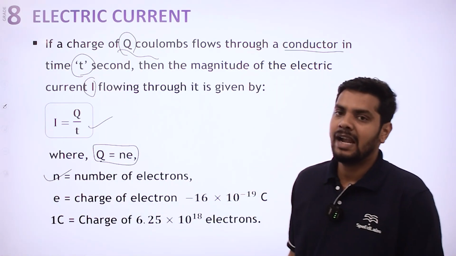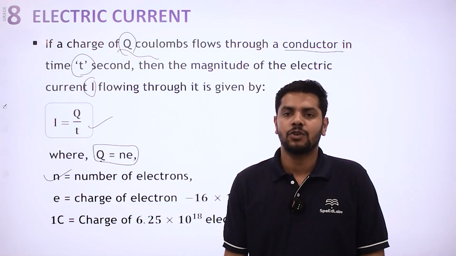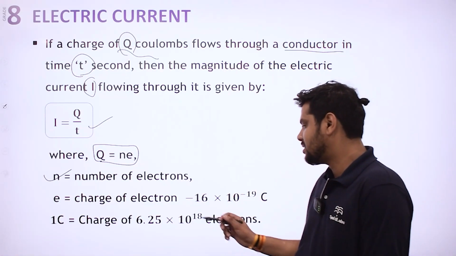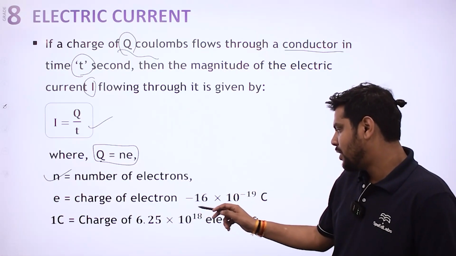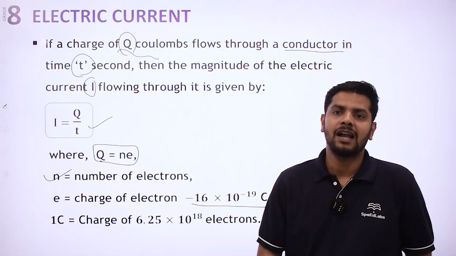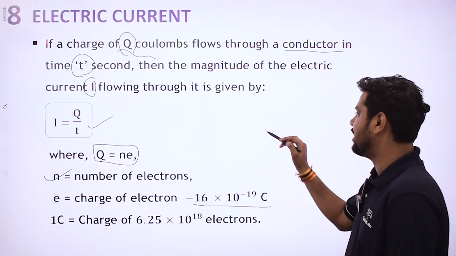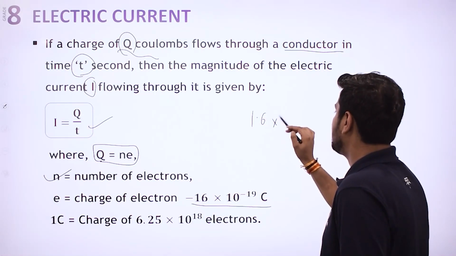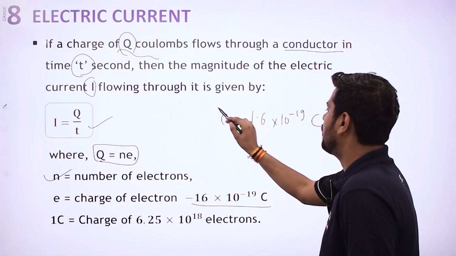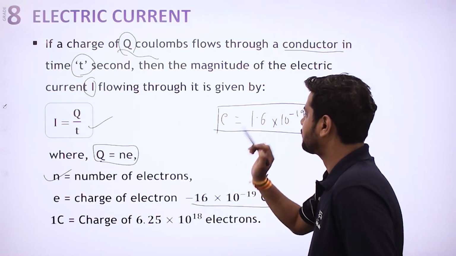That is your charge, and e is what? e is the charge on one electron. And how much charge is present on one electron? That is minus 1.6 into 10 to the power minus 19 coulomb. So that will be your charge on one electron. I am writing it here as well, 1.6 into 10 to the power minus 19 coulomb. That is the charge on one electron.